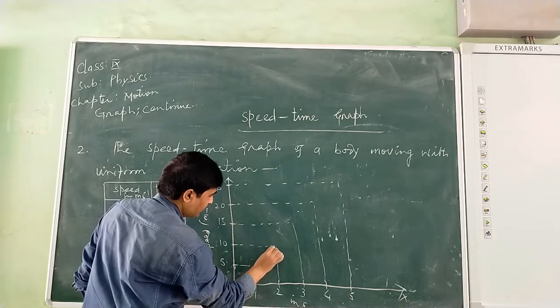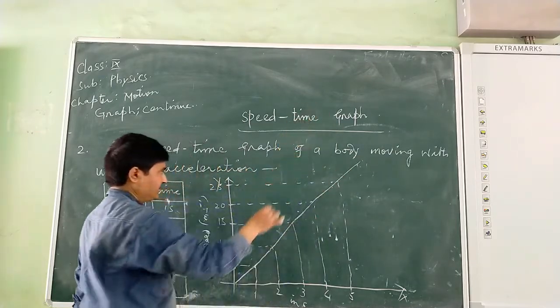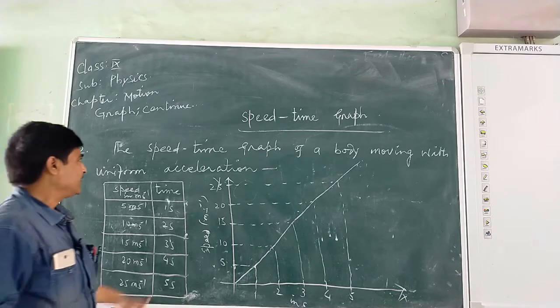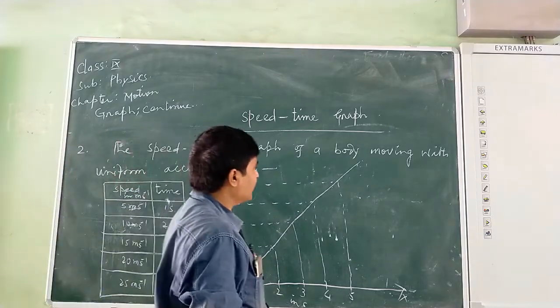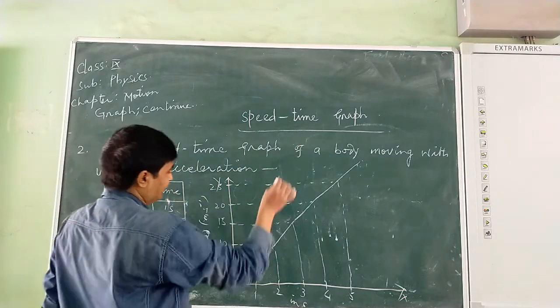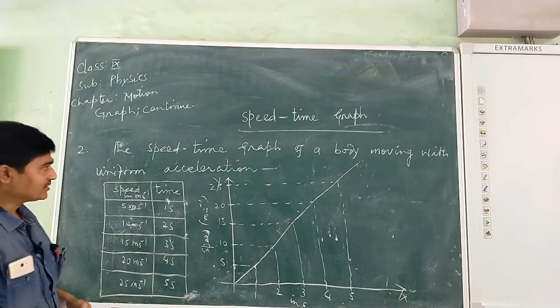We join these points by a straight line. The straight line is the graph of the uniformly accelerated motion. Then what is the nature of a speed time graph of a body moving with uniform acceleration? It is a straight line, just like the distance time graph of a body in uniform motion.